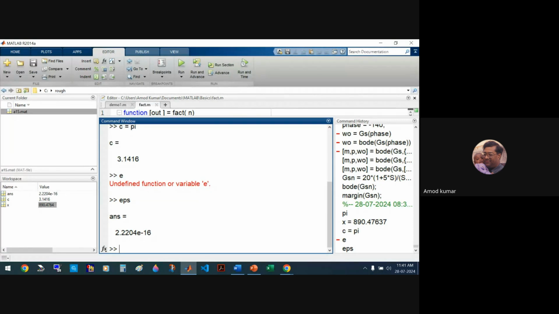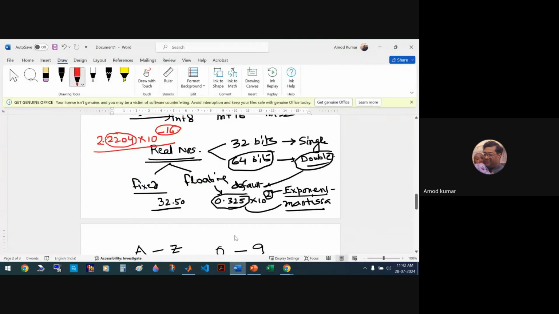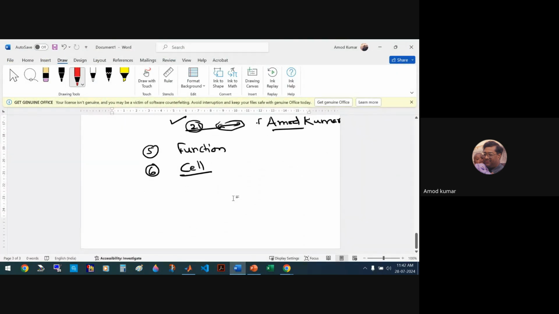In double precision, it keeps 11 bits for the exponent, 52 bits for the mantissa and 1 bit for the sign bit. So a total of 64 bits in the memory are reserved for the representation of the number.